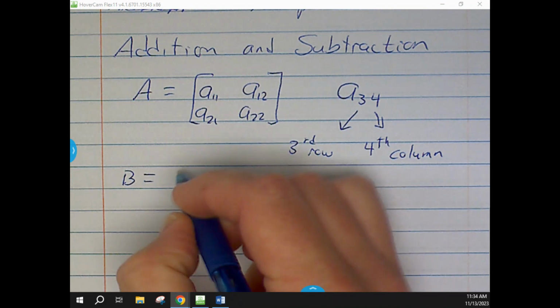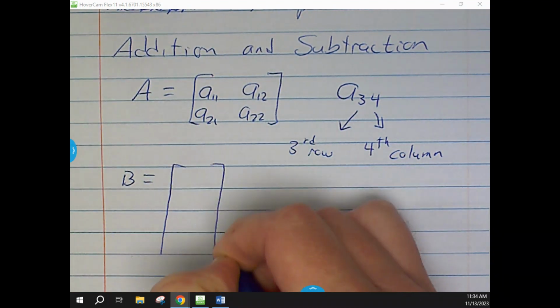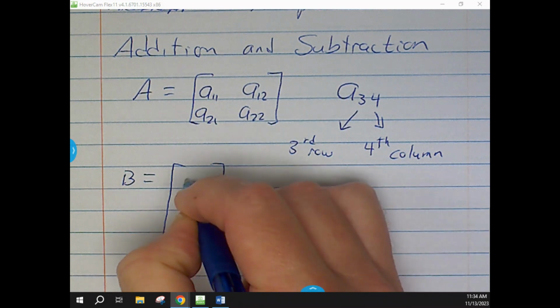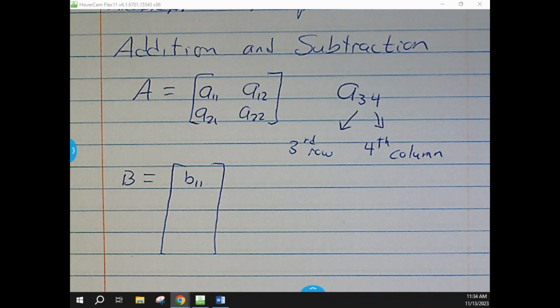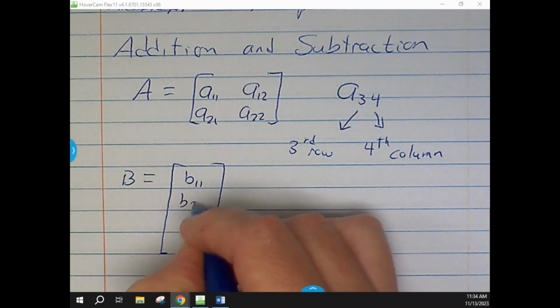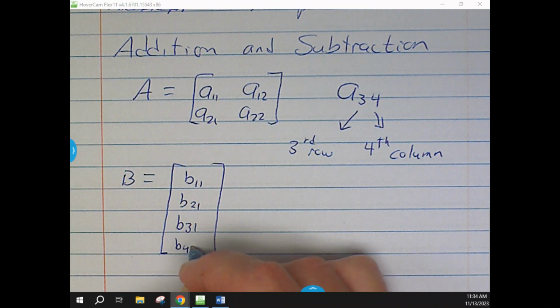If we do matrix B, it may look totally different. It may look something like this.